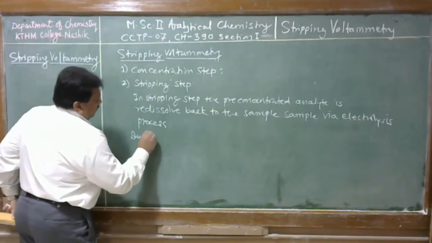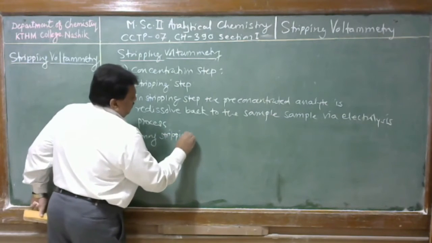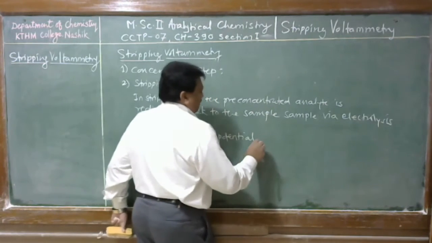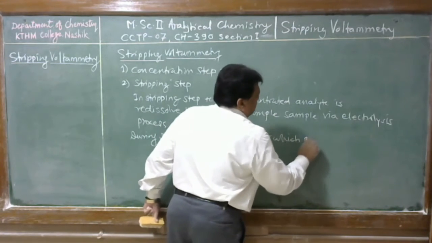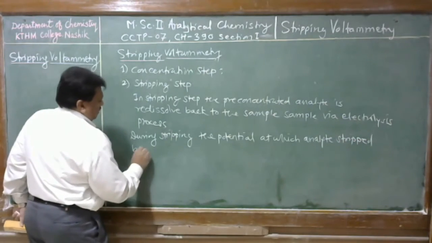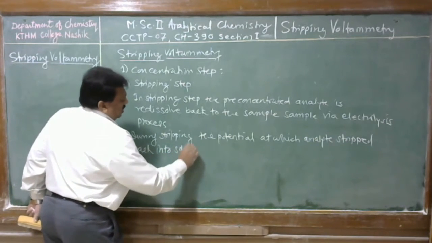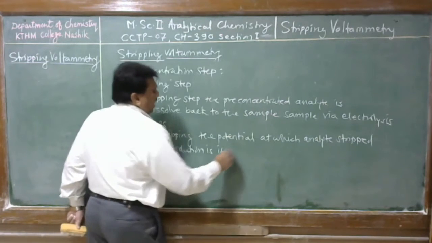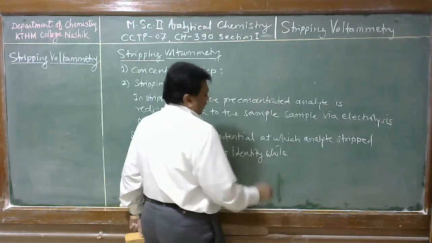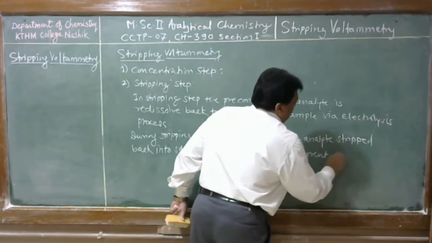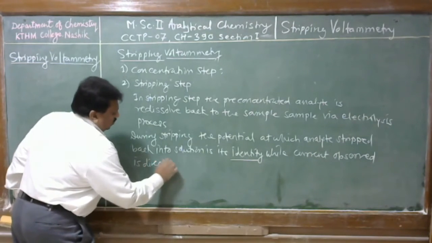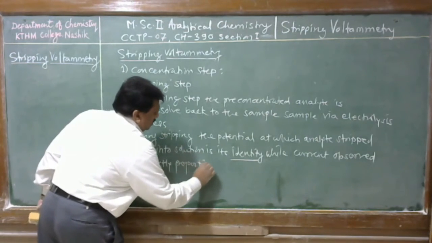During stripping step, the potential at which analyte strips back into solution is its identity, while the current observed is directly proportional to the amount of material.